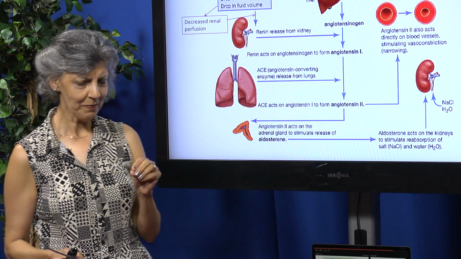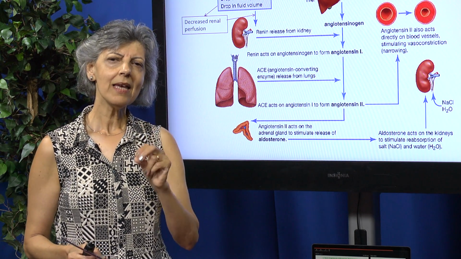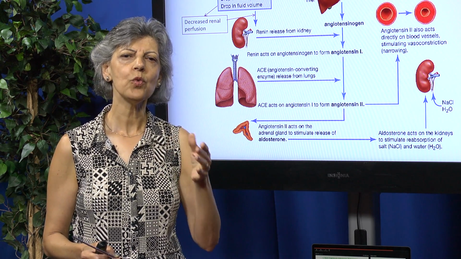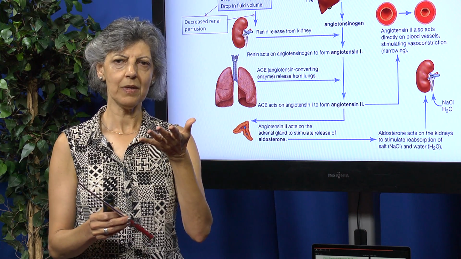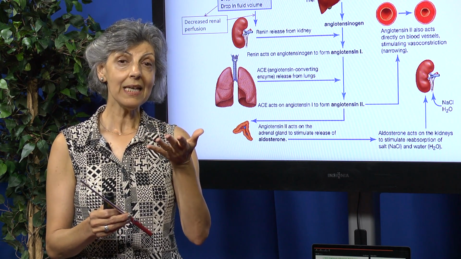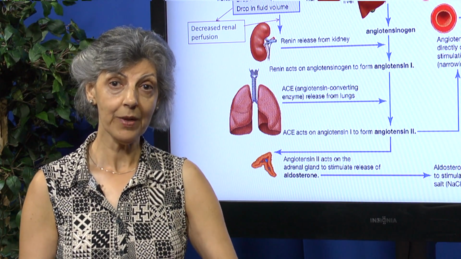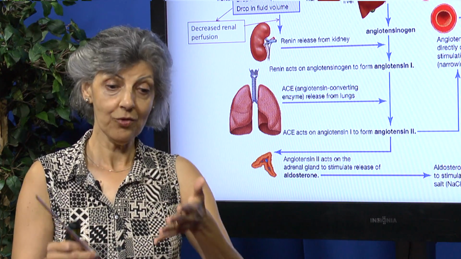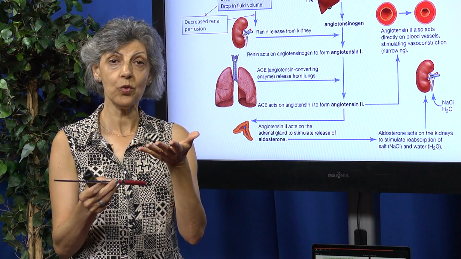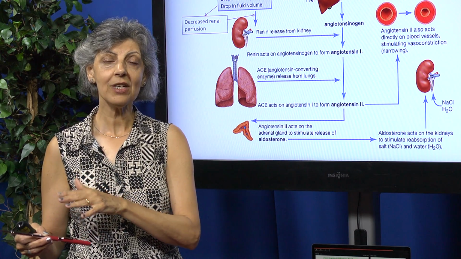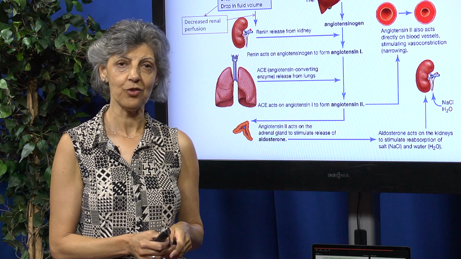Now remember, the main primary function of the RAA system is to maintain normal blood pressure. It will be activated if the blood pressure drops. It's going to work very quickly to bring the blood pressure back to normal. And its effect on glomerular filtration is a secondary function.